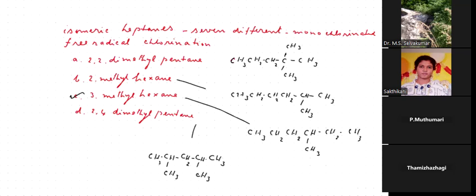Here, this methyl group, they are equivalent. This methyl group, they are equivalent. This hydrogen, they are equivalent. This hydrogen is different. Therefore, totally only 3 types of chlorinated products are possible here. Here, 7 types of chlorinated products possible. Here, 6 types. Here, 5 types. So, 7 types is possible only in the case of 3-methyl hexane.